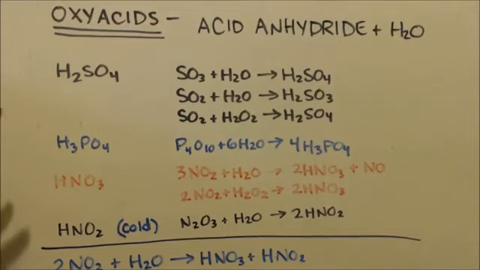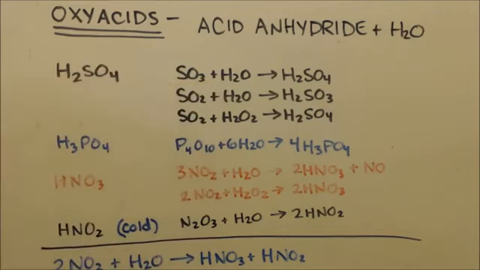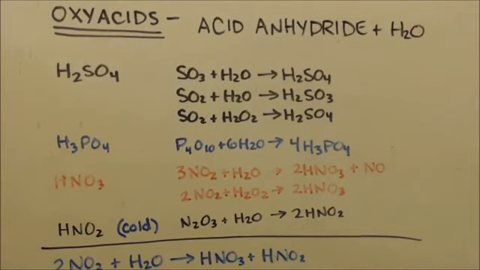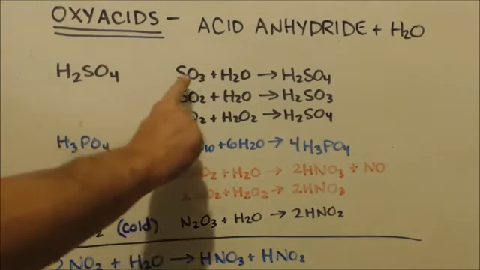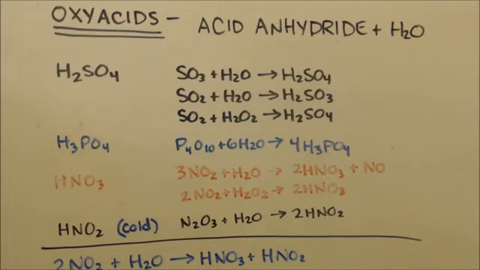These are really exothermic, and you can have explosions, especially when it comes to the anhydride of sulfuric acid. You actually already have concentrated sulfuric acid, and you would bubble in the acid anhydride into the already concentrated sulfuric acid, you know what I mean?